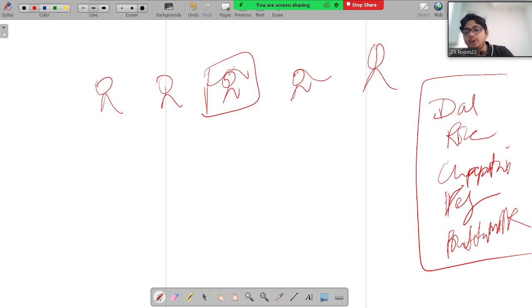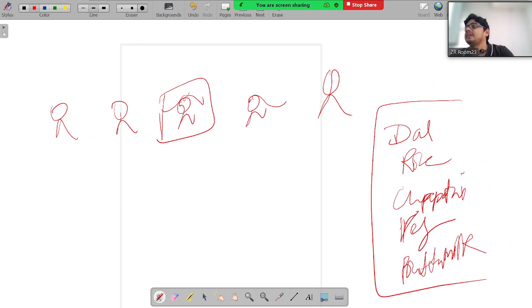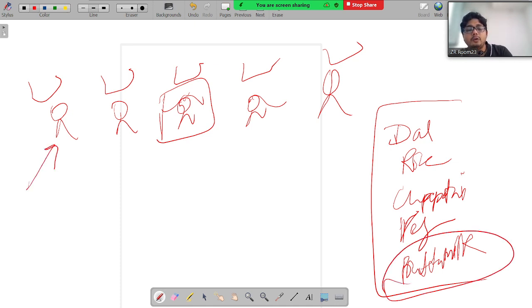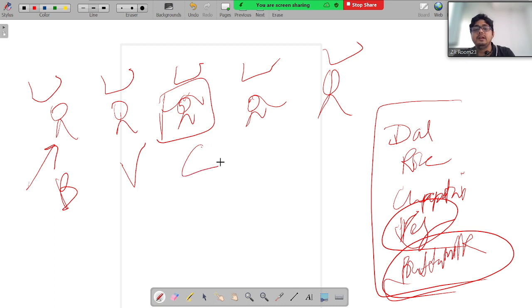So what we do is we divide the task, and we also have extra gas at our home, 5 gas, for example. I myself will prepare buttermilk, my brother will prepare the vegetable, mother will prepare chapati, sister will prepare rice, father will prepare dal.